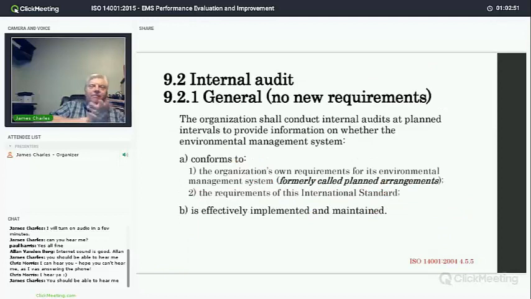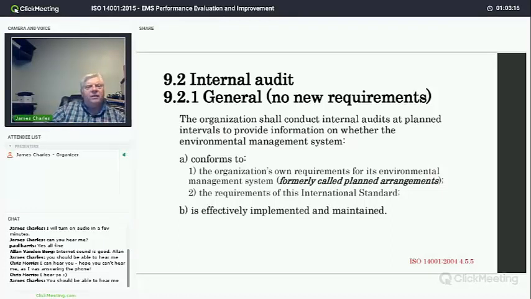Okay. Internal audits. Again, I don't perceive any new requirements. But I do want to undo some bad internal auditor training. I think there's a lot of people that train people to do internal audits that talk about auditing to the standard.